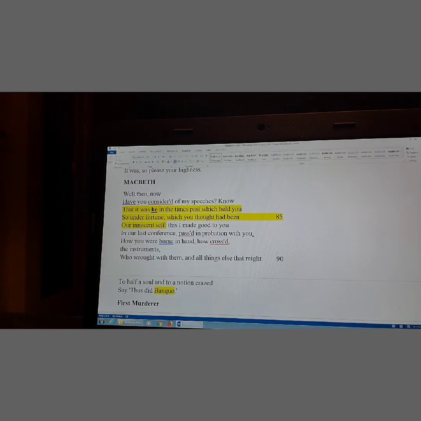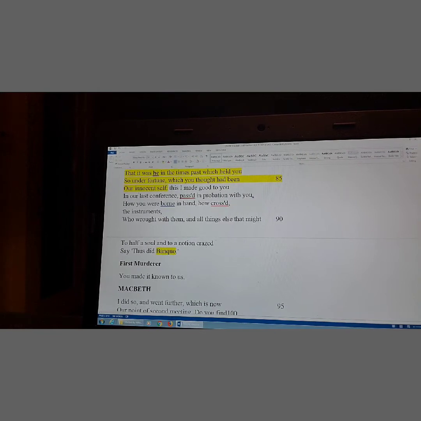So basically, again, you want to make an inference here. I'm not going to tell you what the inference is. I'm going to leave that up to you as you're writing your paper. But it says that it was he in times past which held you under fortune, which you thought had been our innocent self. And this I made good to you in our last conference.